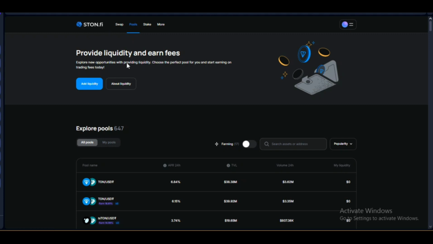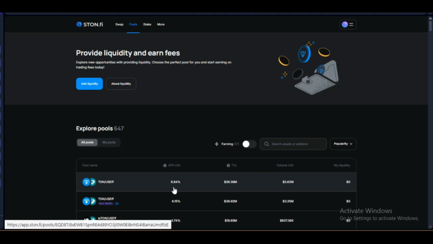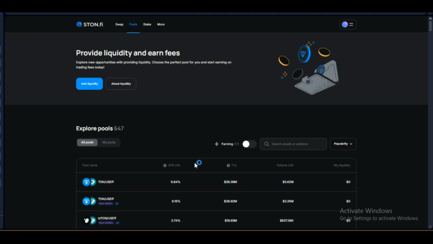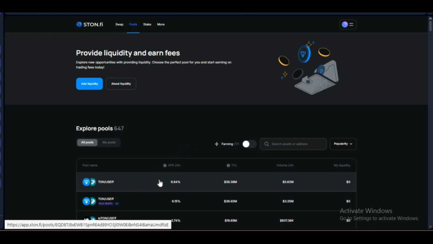If the price of one token skyrockets, you might earn less than if you had just held onto it. But don't worry, the trading fees and the farming rewards often offset this risk.